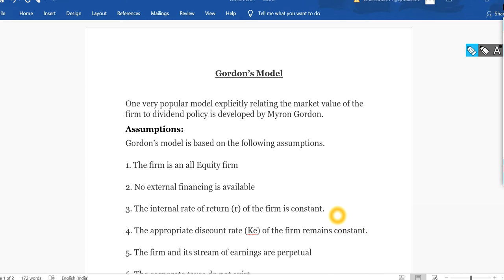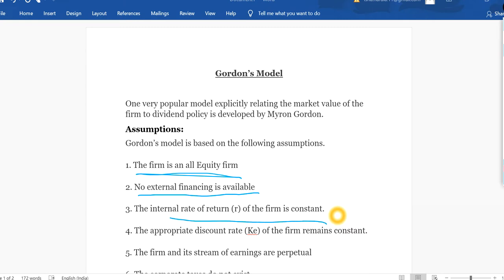As you can see here, the firm is an all equity firm again, and there is no external financing available. The only source of finance is retained earnings. There is no debt or preference share. Then third, the internal rate of return R is always constant and given to you.